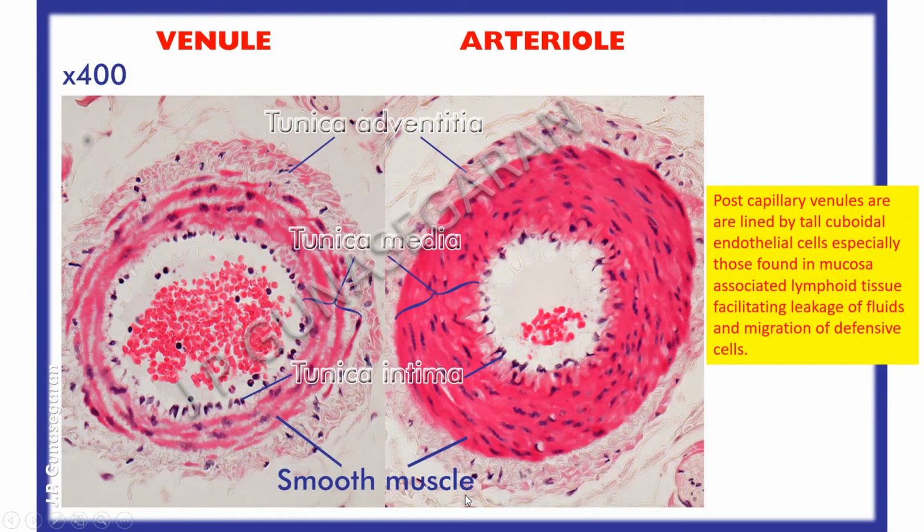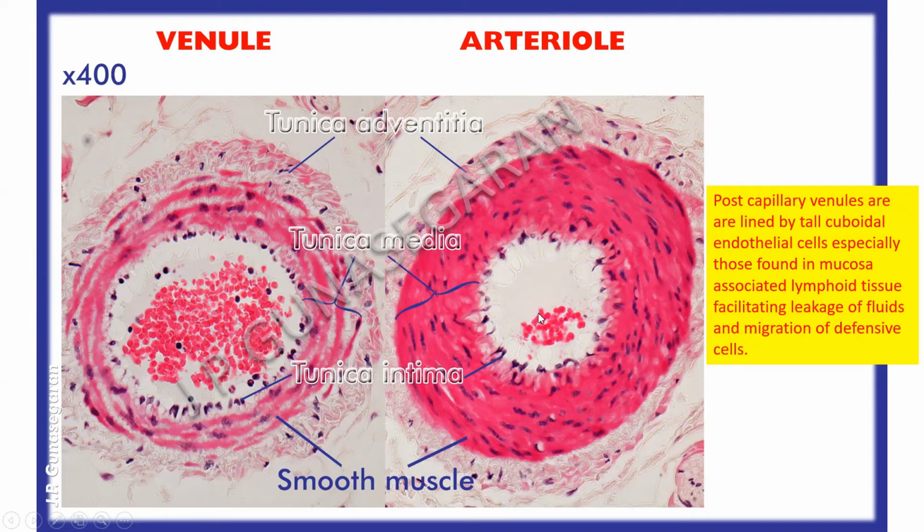This is a high power view of a venule and an arteriole. See the difference between these two. The wall is thin relative to the size of the lumen in the venule, whereas it is opposite in the arteriole.